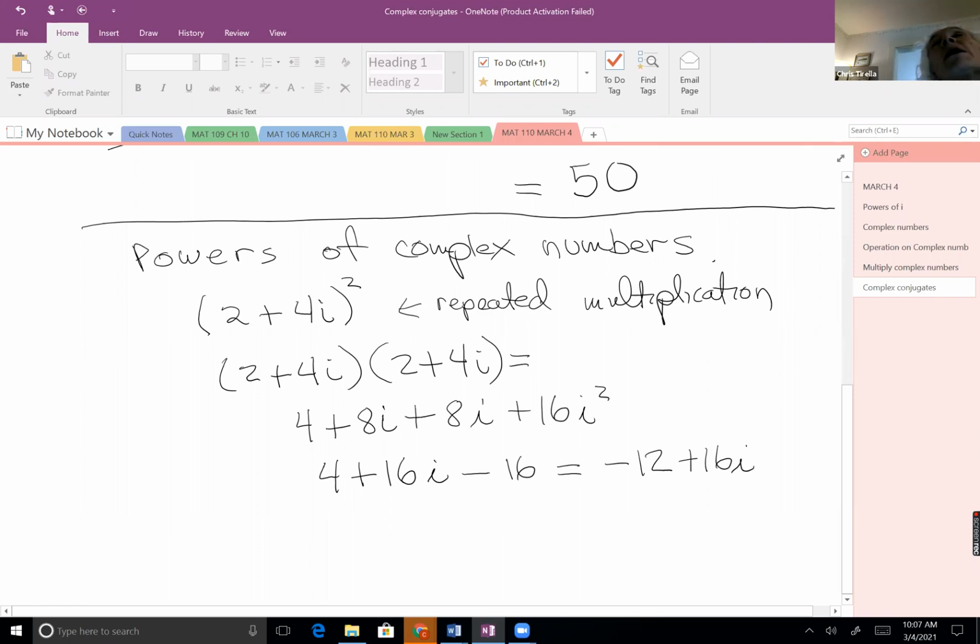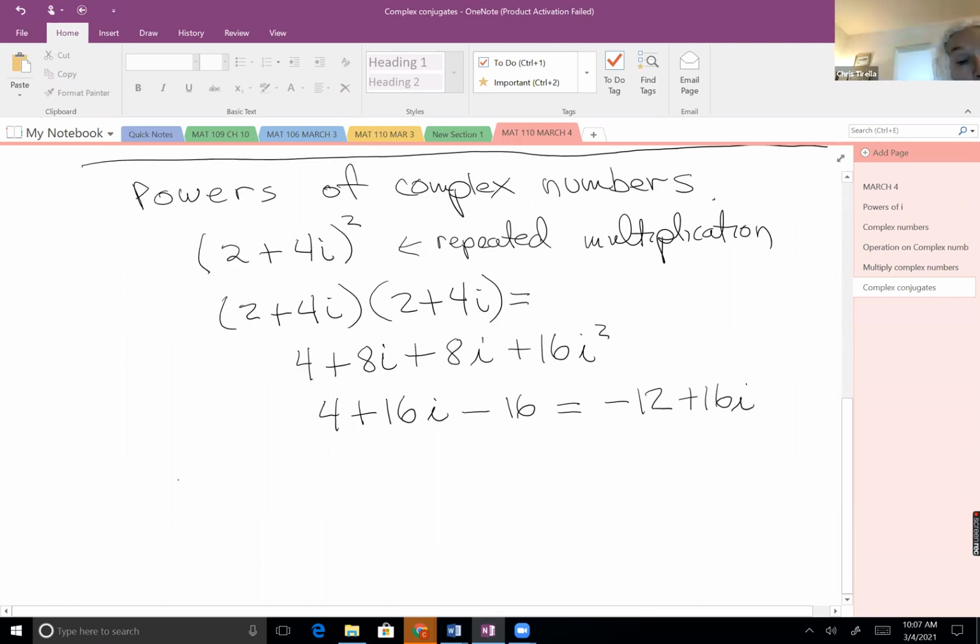And so if I were to try to raise that to a higher power, something like 2 plus 4i quantity cubed, well, that means I would be multiplying it by itself 3 times.